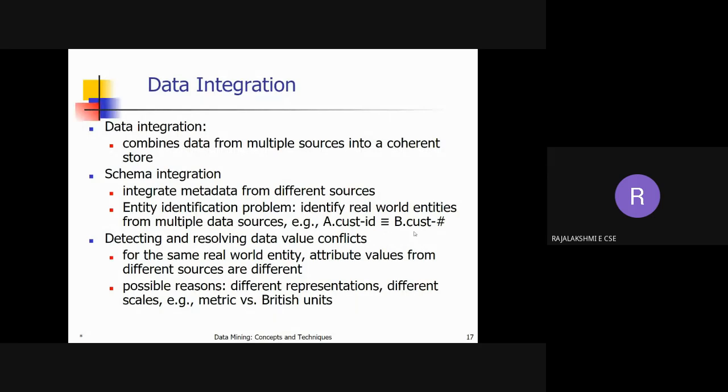But for a data warehouse, they will be using a star schema or snowflake schema or fact constellation schema. So again, you are collecting the data from both and integrating the data. When you are integrating, definitely schema conflicts will happen. In those cases, this metadata will help you.